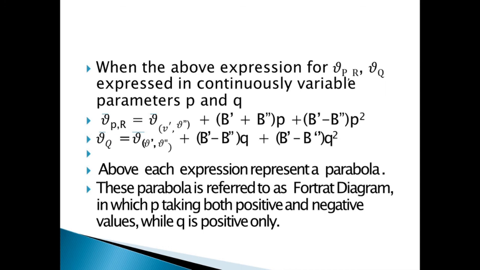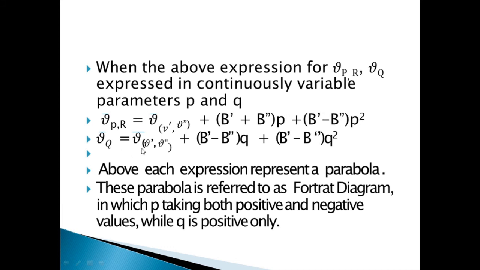When these two expressions for the PR and Q lines are expressed in continuously variable parameters like P and Q, instead of M, the equation for nu PR is expressed in the continuously variable parameter P, and the Q lines in the continuously variable parameter Q. So the equation nu PR becomes nu bar plus (B prime plus B double prime) into P plus (B prime minus B double prime) into P squared.